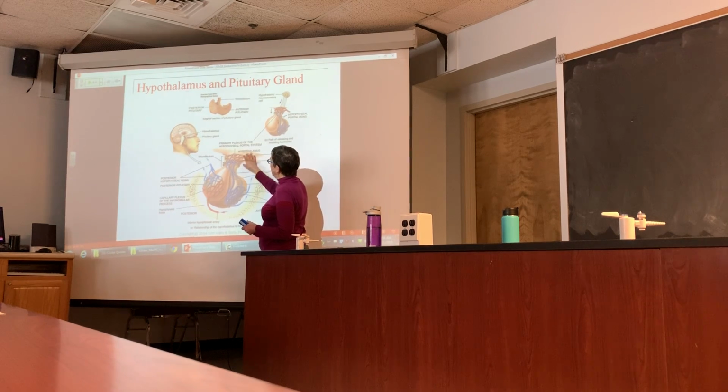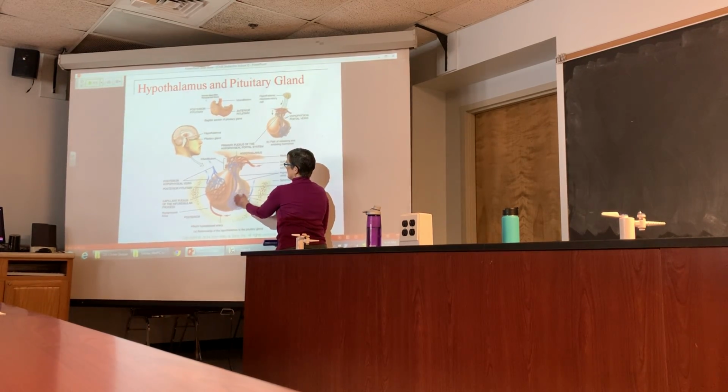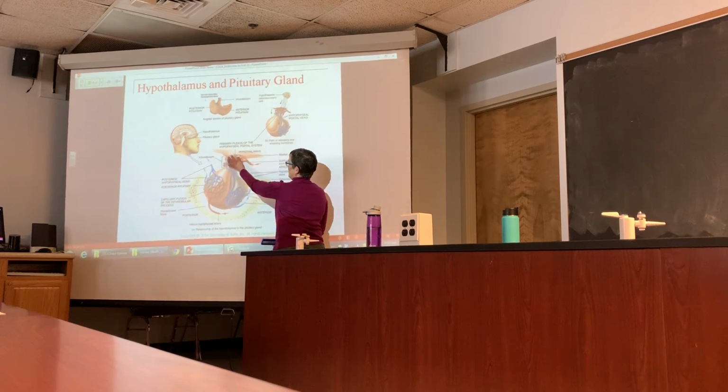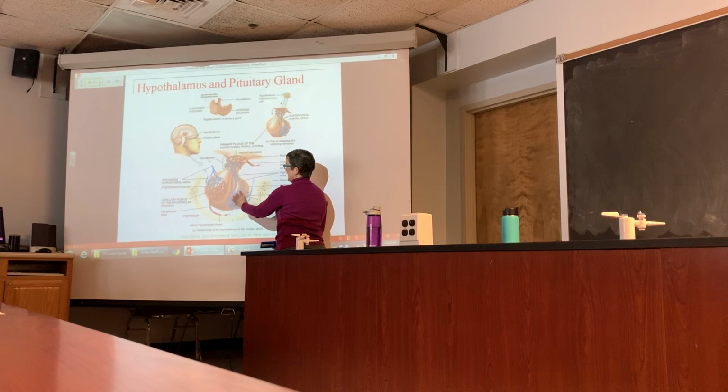And you can see that the hypothalamus and anterior lobe have this blood supply here. You have a capillary bed, which empties into a portal vein, which leads to a second capillary bed. We're going to talk about that in more detail in a minute. That capillary bed empties into a vein.